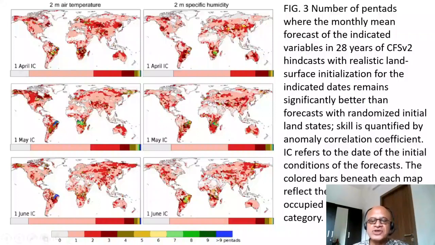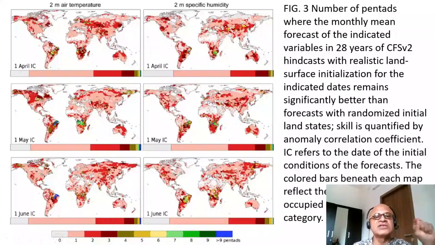So long story short, you can see we are looking at pentads here, and the colors indicate the places where predictability or the forecast skill is extended into those pentads because of land initialization compared to where there was no initialization. Okay, so there are definitely regions all across the globe for both 2-meter air temperature and specific humidity for various initializations, 1st April, 1st May and 1st June.